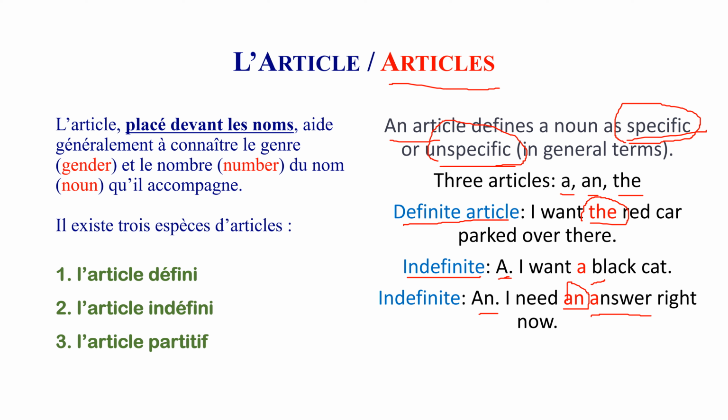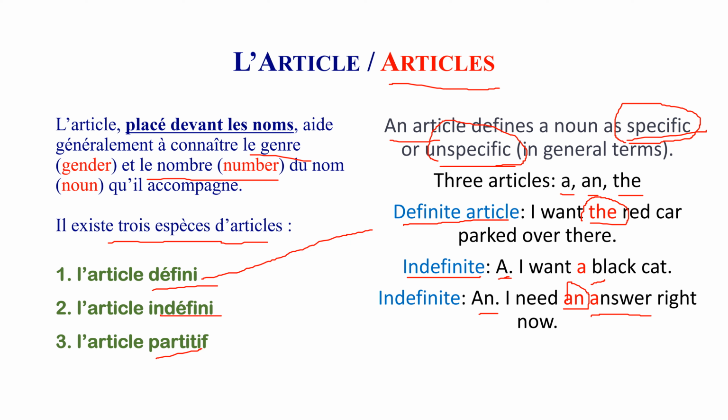Now let's look at the French one. Articles, when placed before a noun, are indicative generally of the gender, meaning masculine or feminine, or the number, meaning singular or plural. In French, there are three articles: article défini, indéfini, and partitif.